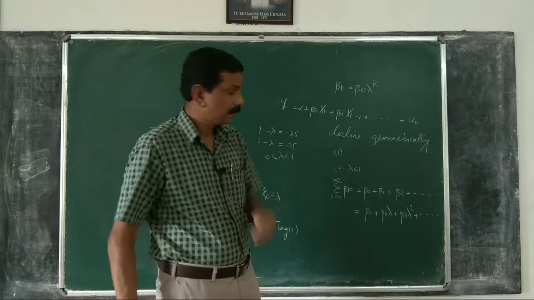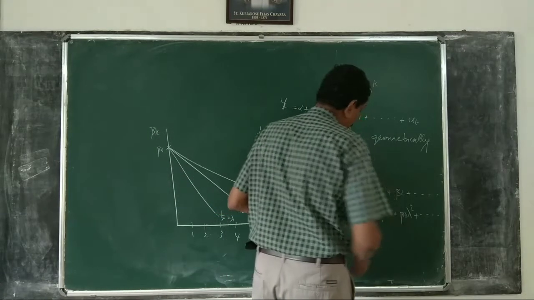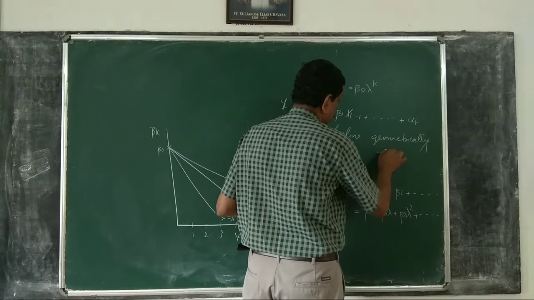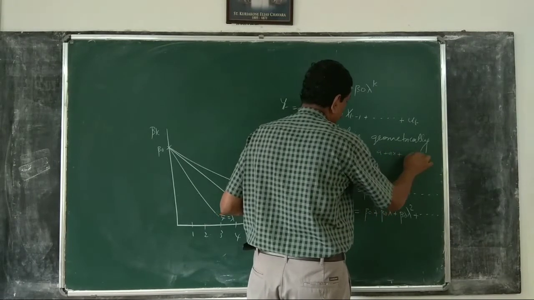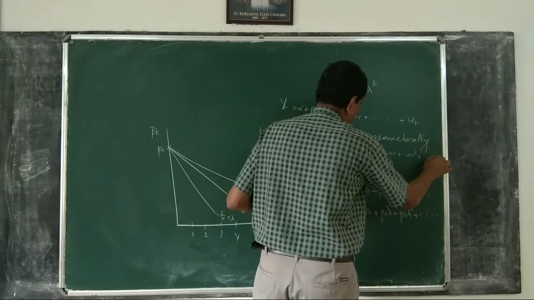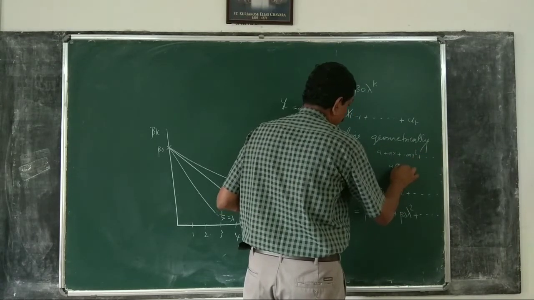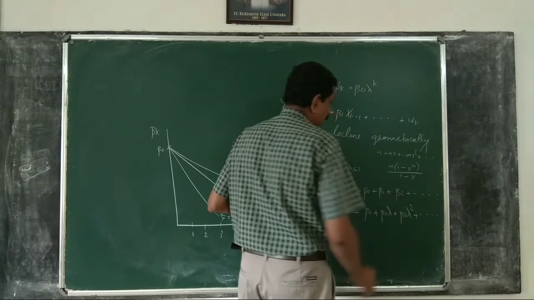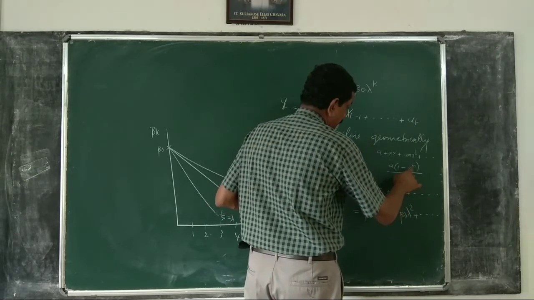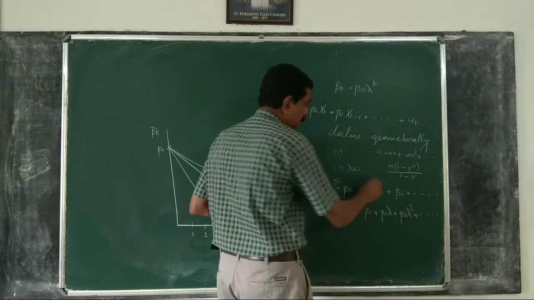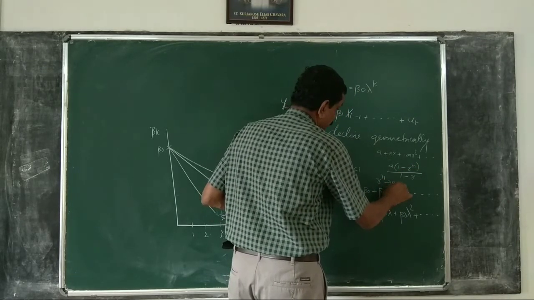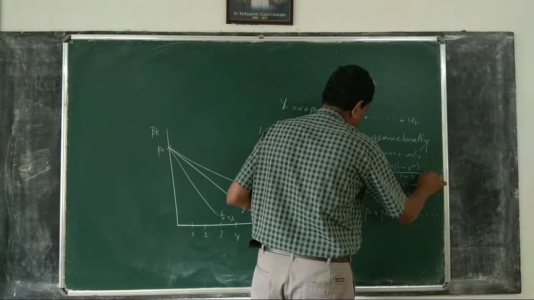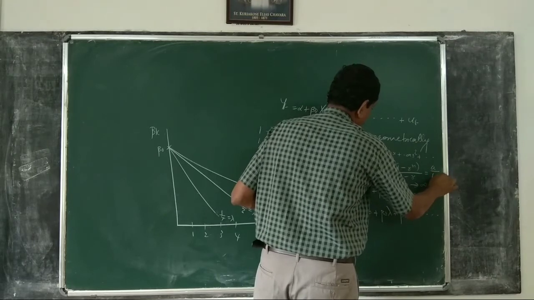The sum of a geometric progression a plus a r plus a r square plus so on can be written as a into 1 minus r raised to n by 1 minus r. If r is less than 1, r raised to n approaches 0 as n approaches infinity, and then it becomes a by 1 minus r.